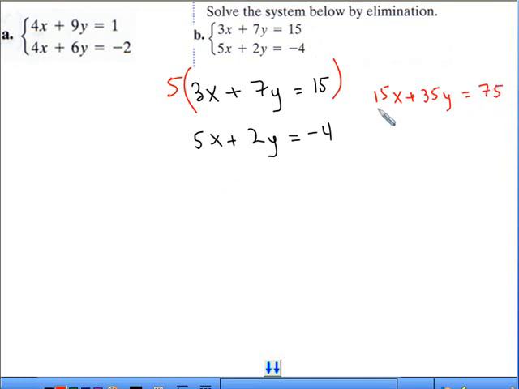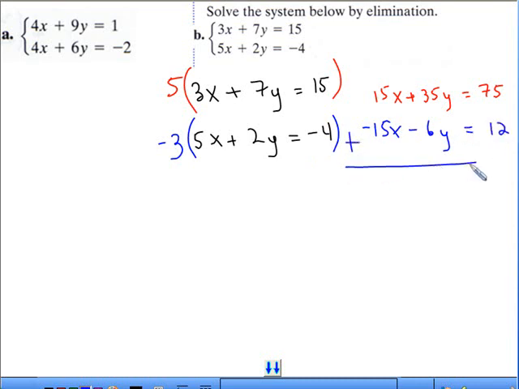Now the bottom, if this is 15 on top, I know the bottom has to be negative 15. So I'm going to multiply the bottom by a negative 3, because that'll give me the negative 15x that I need. Negative 3 times 2 gives you negative 6y. That is equal to 12.